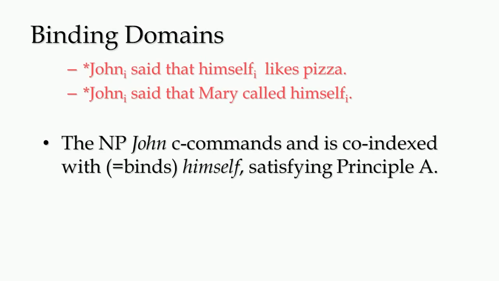Then there must be something more than the constraint on binding in terms of those two conditions that explains why these two sentences are ungrammatical. The NP John c-commands and is co-indexed with himself, satisfying principle A. Therefore, we can say that in both these sentences the anaphors are bound and the co-indexed NP binds himself.